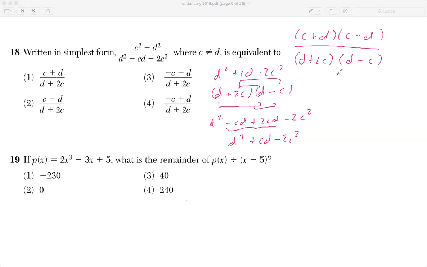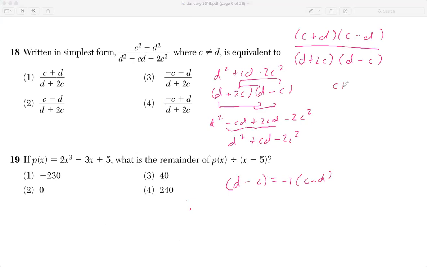No, not yet. Here's a little trick. D minus C, you can factor out a negative 1. This can be written as negative 1 times C minus D. So we're going to rearrange this thing.